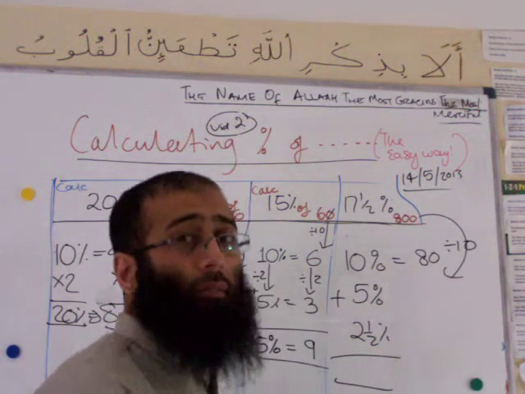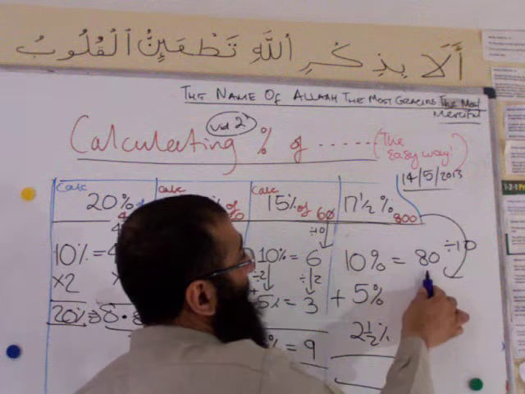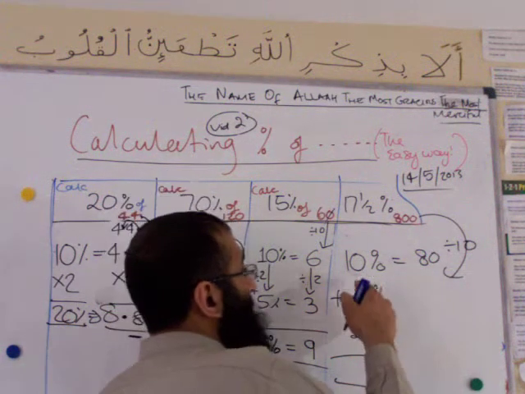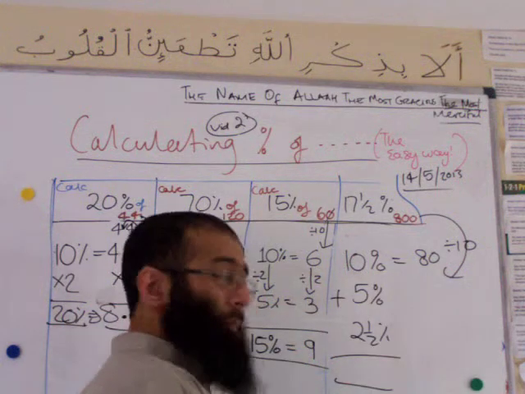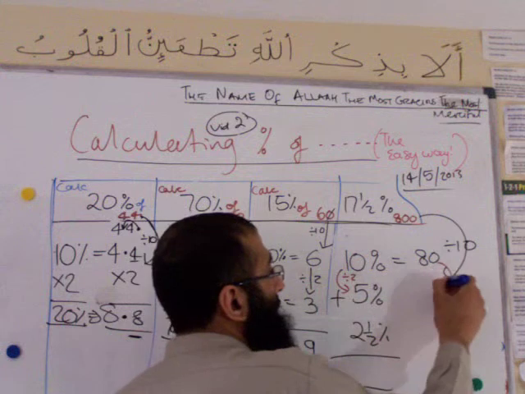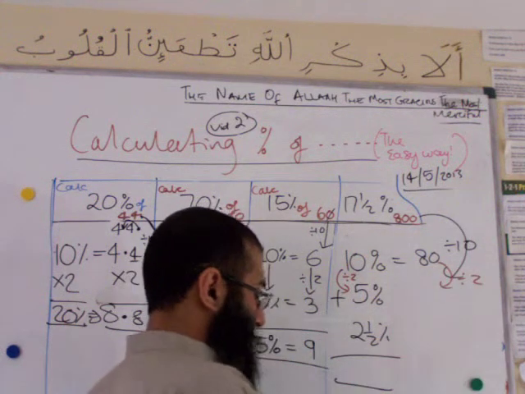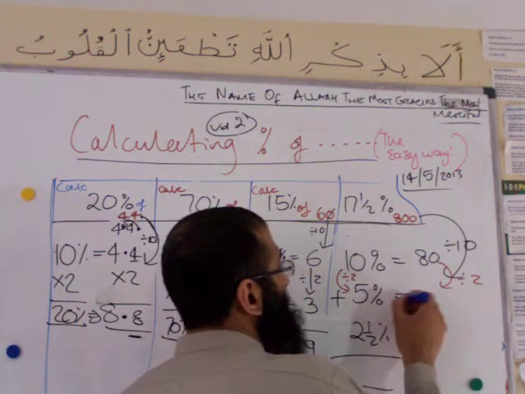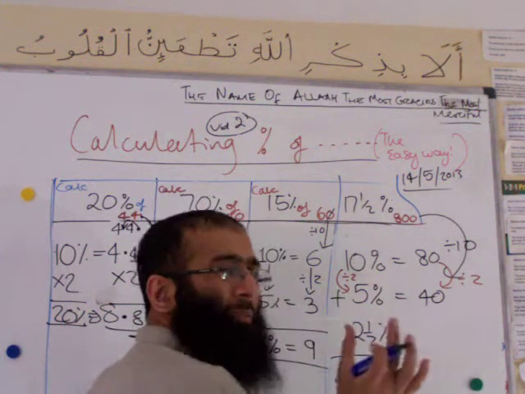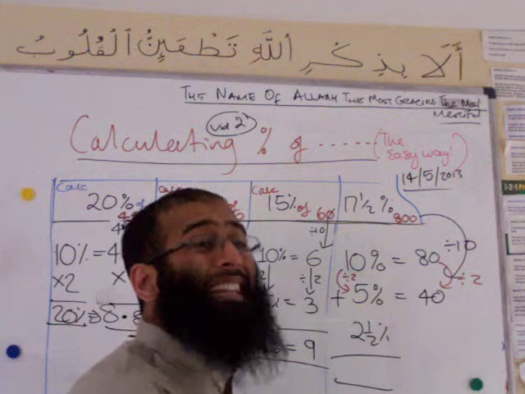That gives you 80. So 10% of 800 is 80. Now we need 5%. To get from 10% to 5%, what do we do, Amina? We halve it. So half of 80 will give us 40.